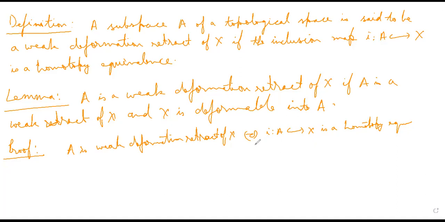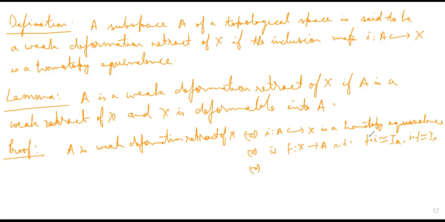Now, the inclusion map is a homotopy equivalence means it has a homotopy inverse, if and only if there exists f from X to A such that i composed f is homotopic to identity on A and f composed i is homotopic to identity on X.